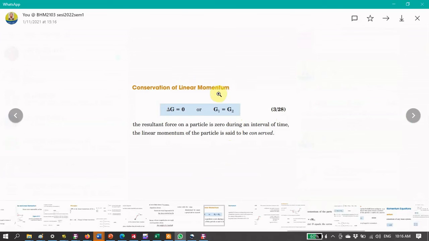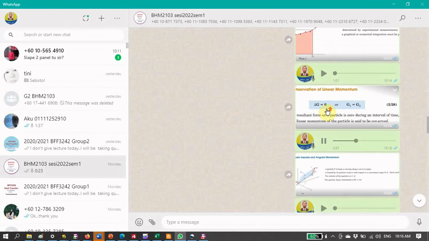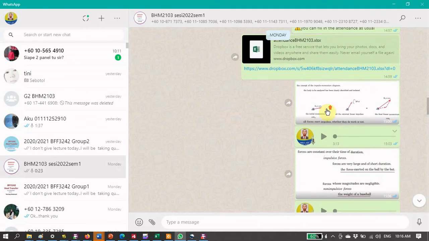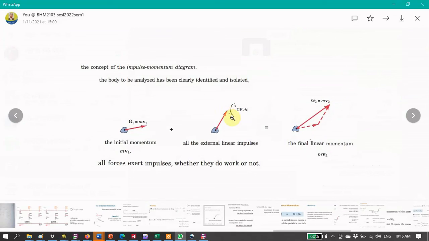We have the linear impulse equation just now, and equation 3.28 is a specific case of that equation. We can see that one term disappears from this equation, which is the linear impulse of the forces acting on the particle.